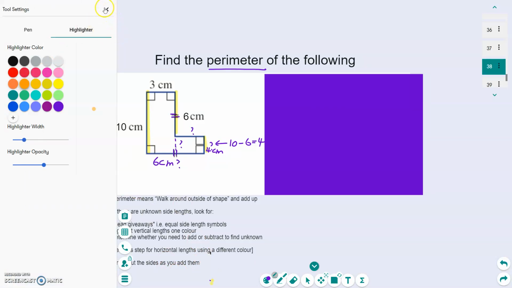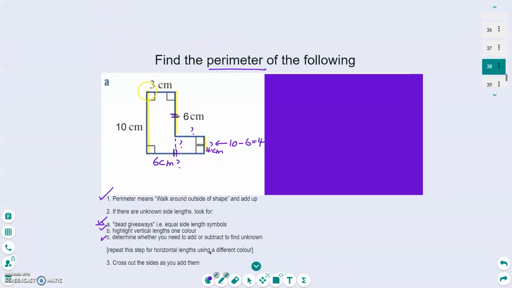So you just get another color out and highlight all the horizontal lengths that you can see. And then you're just determining. Okay, well, let's do it. Finding this side length here, we have this total length here is 6 centimeters.